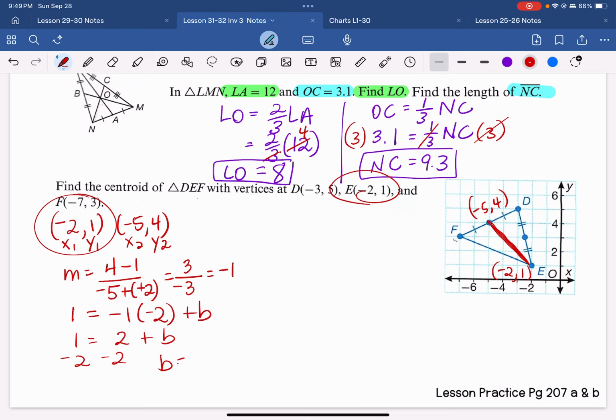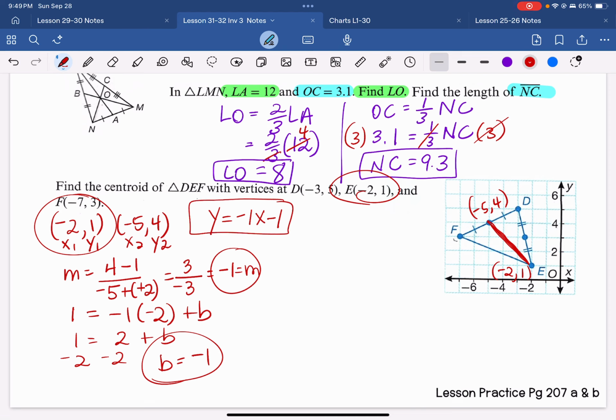We get b is also negative 1. So we have b negative 1, and m negative 1. When we plug it into y equals mx plus b, we get y equals negative 1x minus 1. Okay, so we're going to save that for later.